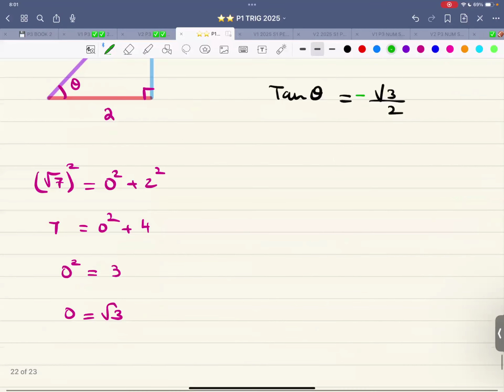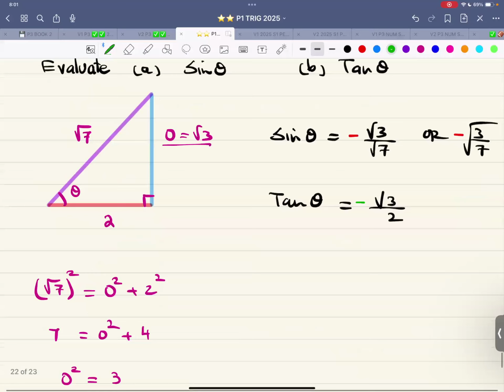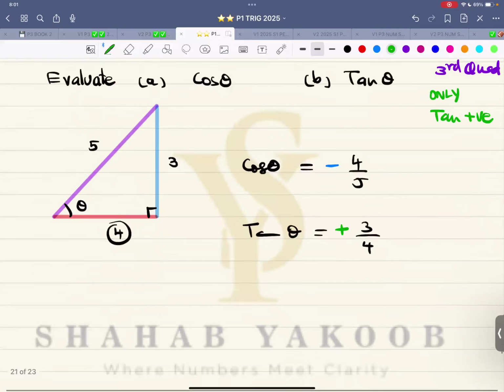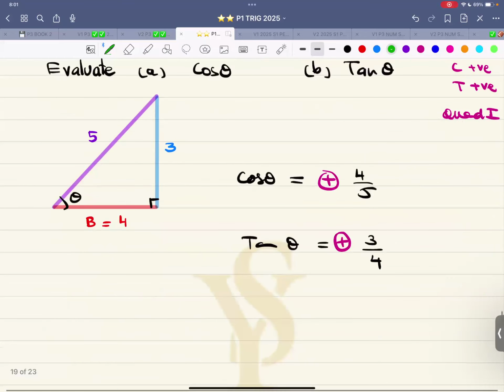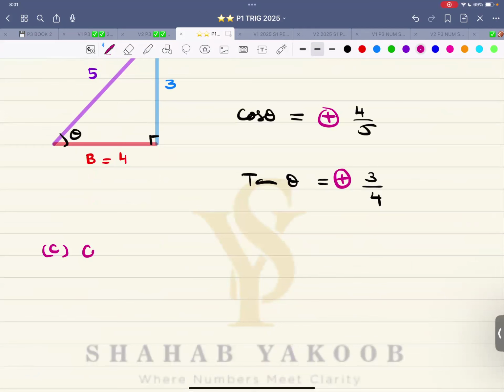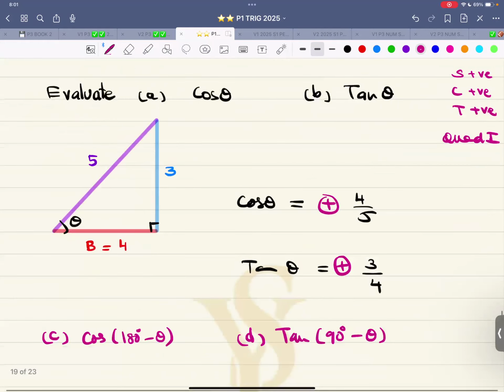Now let me add some more spice to it. Let me go to the very top first. Now over here, let me write third part. Part C, cosine of 180 minus theta. Or part D, tangent of 90 minus theta. So now we have to apply this rule.